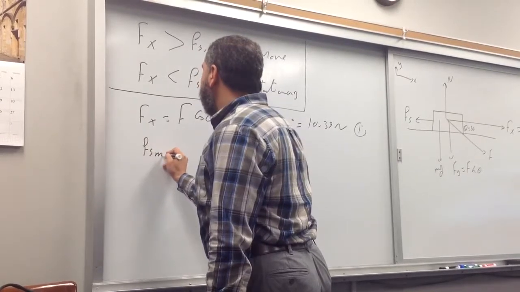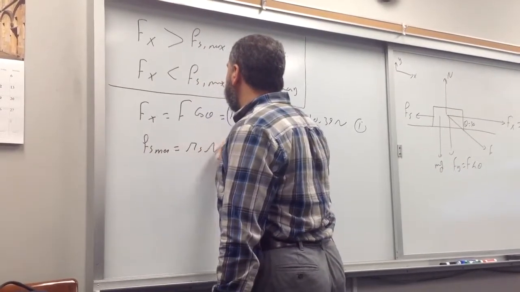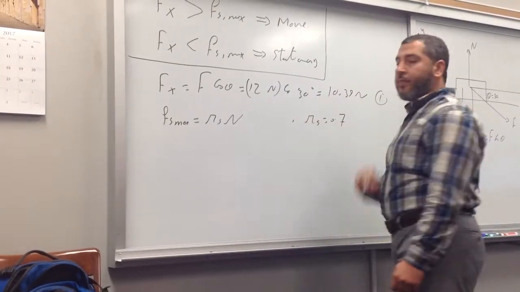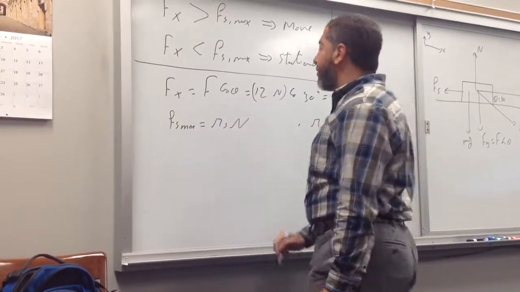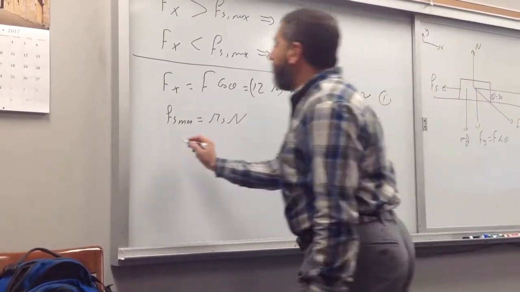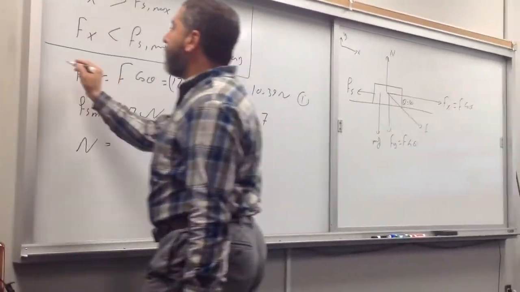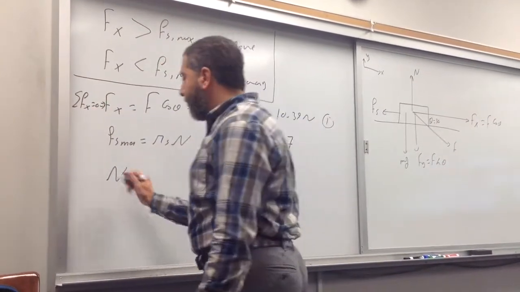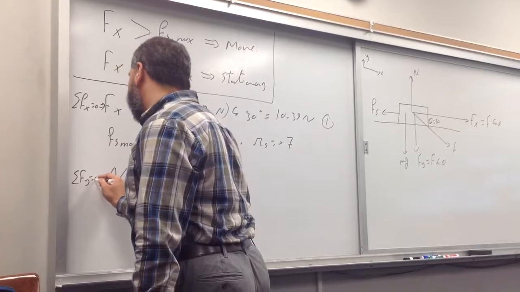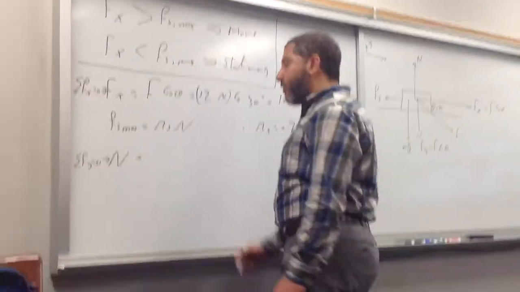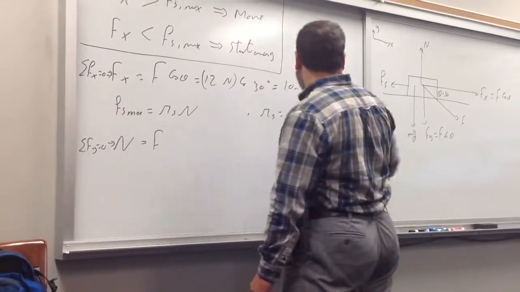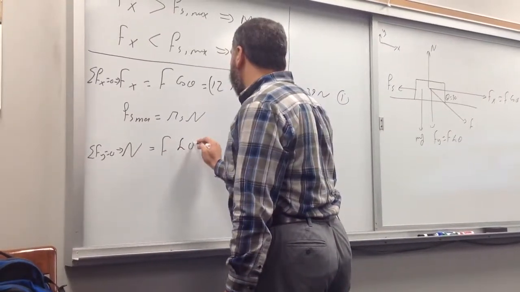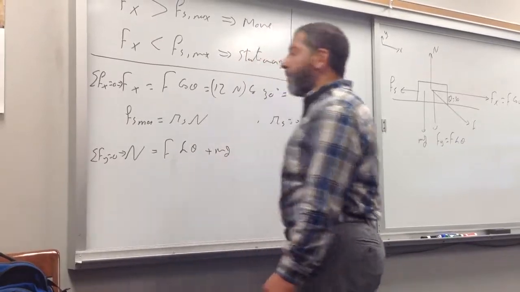So this is number one. Second, fs maximum is equal to mu s times the normal force. Mu s here is 0.7, but we have to find the normal force. From this diagram, from the sum of Fx equal to 0 and the sum of Fy equal to 0, we can find the normal force. So the normal force here is N equals F sine theta plus mg.